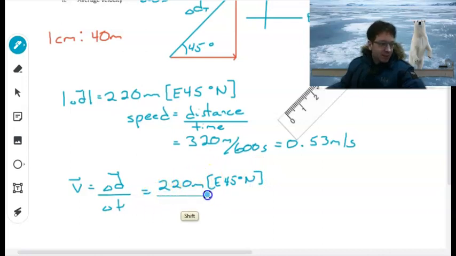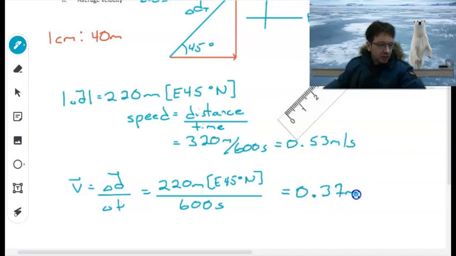Time is the same, 600 seconds. So when we find our average velocity, 220 divided by 600, 0.37 meters per second to two significant digits, and the direction of velocity will be in the same direction as displacement, east, 45 degrees north.